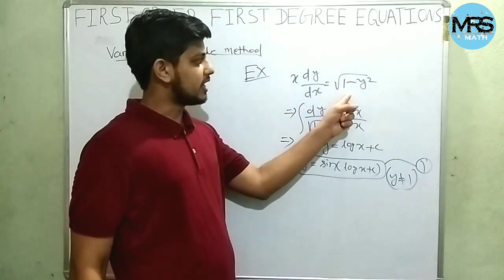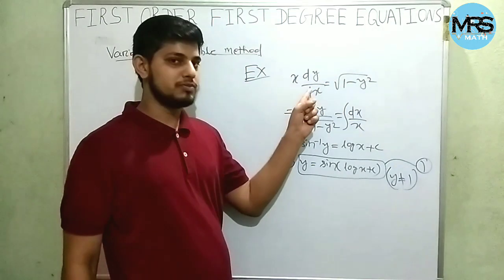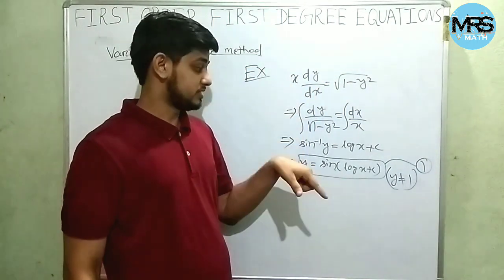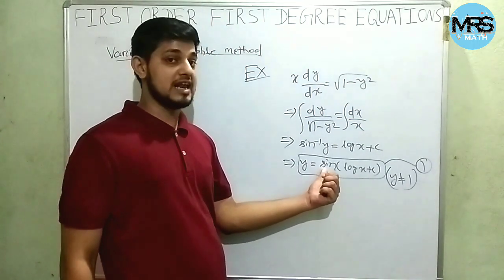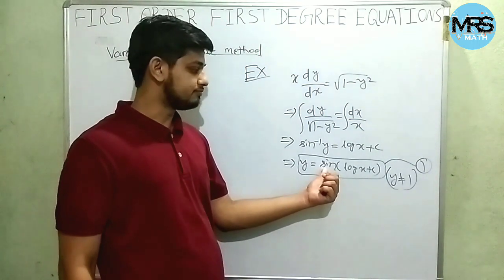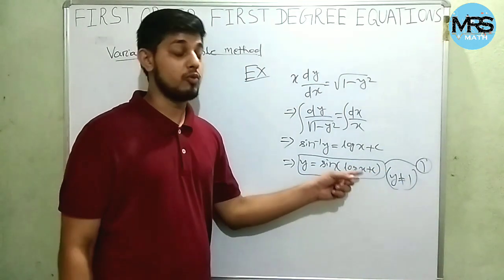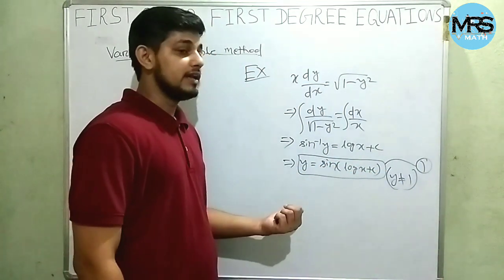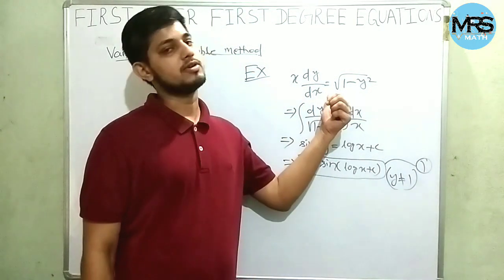But here you can see y equal to 1 is a solution for the differential equation, but this one we cannot get from the general solution, right? Because we are assuming y not equal to 1. So this y equal to 1 is a singular solution for the differential equation.